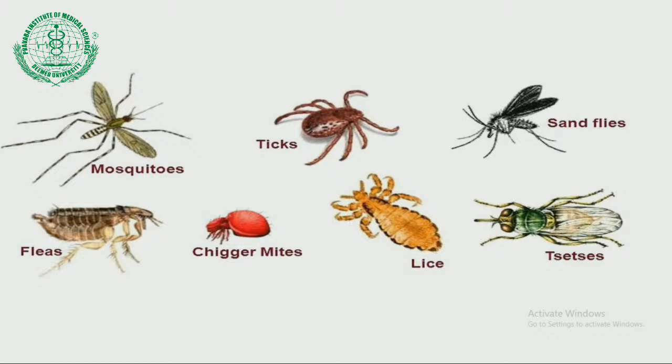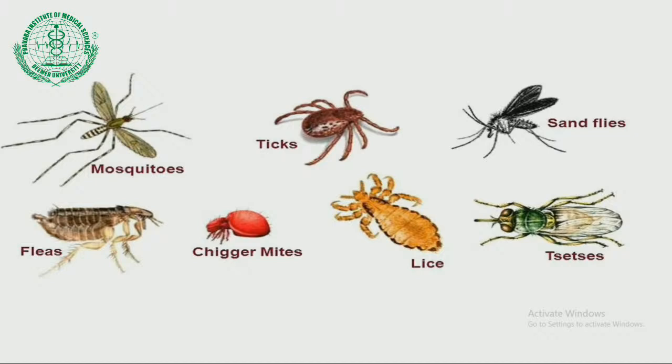So these are different pictures of some of the important vectors. Just the morphology, you can see the morphology. Some of them are winged, some of them are wingless. There is a difference in the presence of pairs of legs, or a difference in the position or segmentation of the body, that is head, neck, thorax, abdomen and so on.